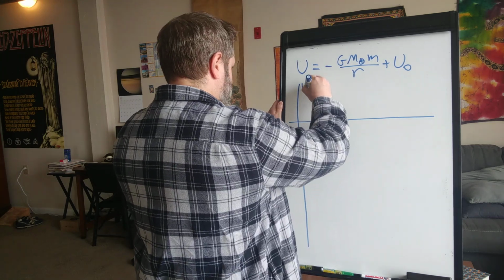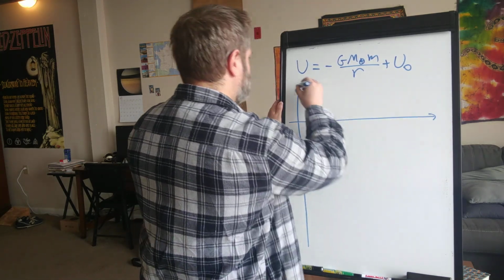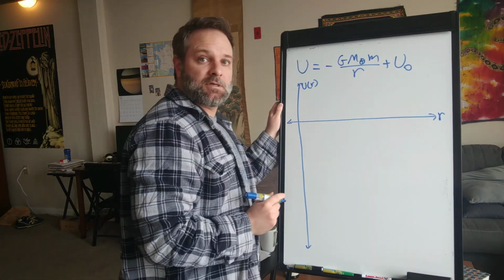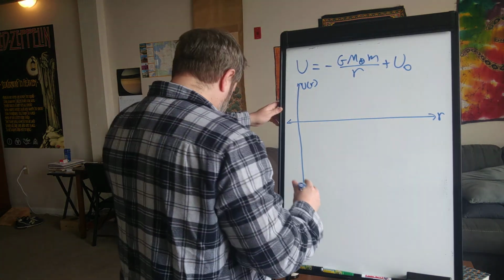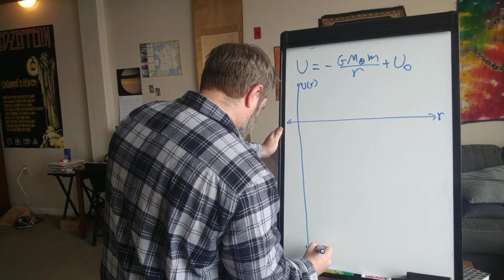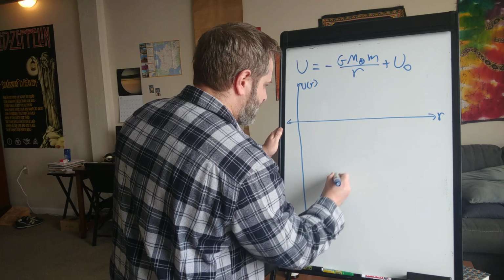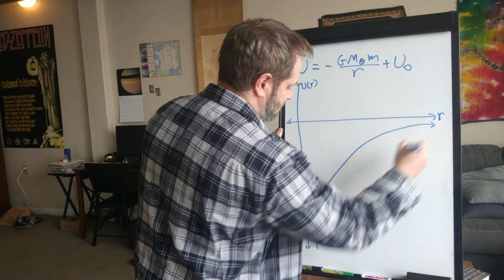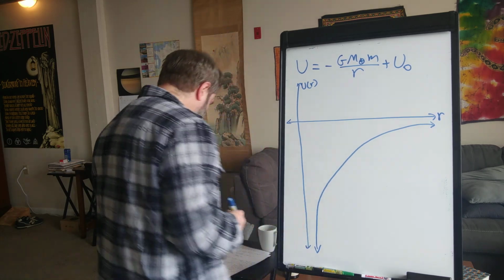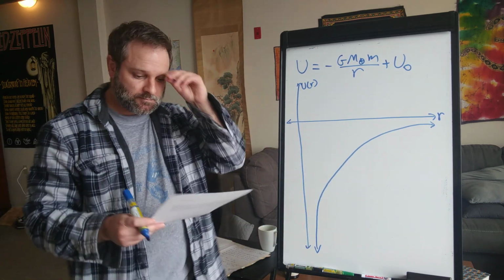So this is U as a function of r. This is r. So this function looks like this.